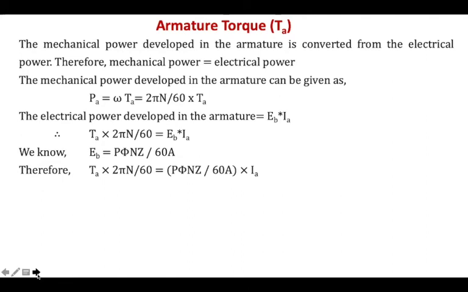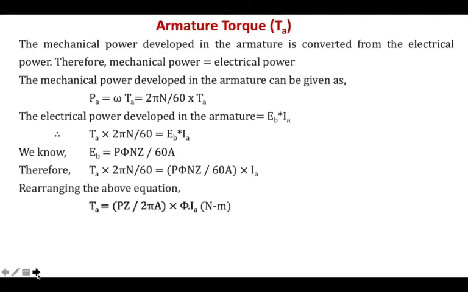For lap winding, the number of parallel paths is equal to the total number of poles, and for wave winding, the total number of parallel paths is always 2. Therefore, using this equation, we can write ωT, substituting Eb and Ia.